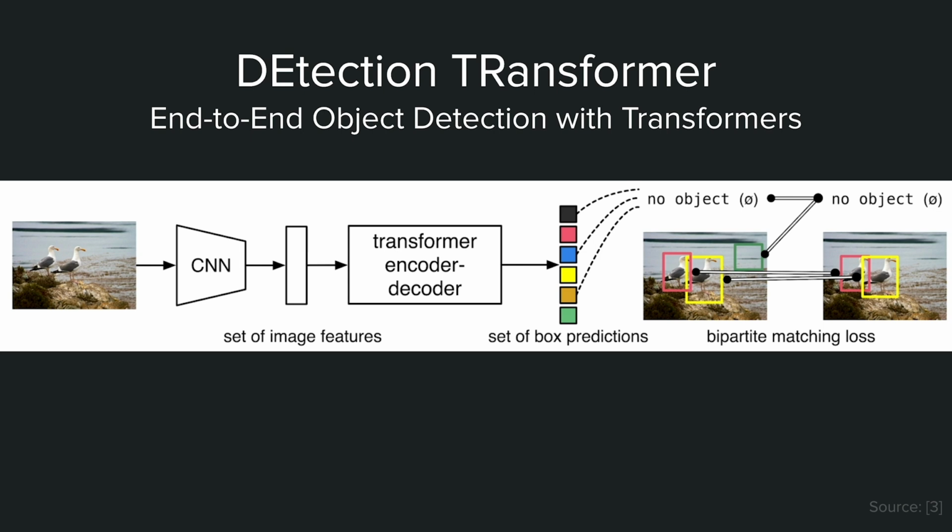So it's an end-to-end approach that gets rid of all these hand-designed mechanisms for anchor generation or non-maximum suppression, and it employs a really clever thing which is called the bipartite matching loss to make sense of how those output boxes that are generated relate to the actual boxes in our input image.